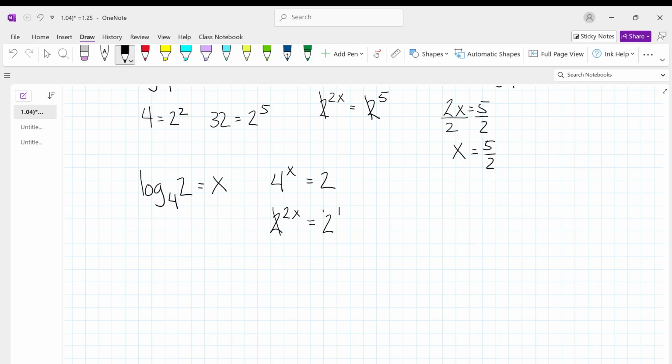Bases are the same, so we cancel. We get a 2x that's equal to 1. Solve for the x. So our x is equal to 1/2. So when we evaluate log 4 of 2, it's equal to 1/2.